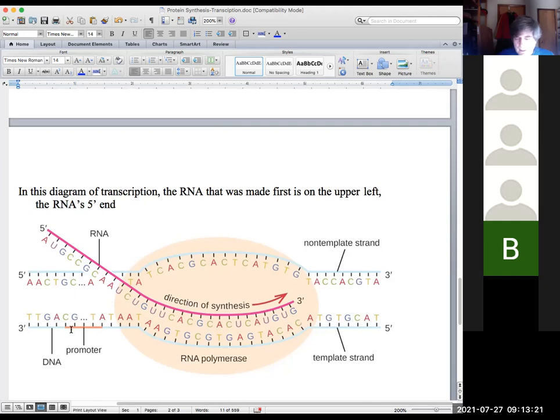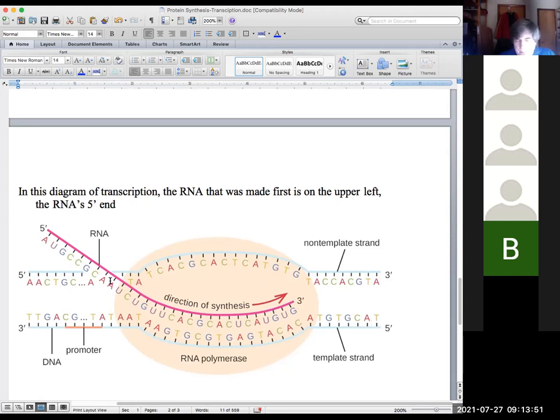So the sky blue represents our parental strands of DNA. Notice that one of the strands is called the template strand. This is the strand that has the pattern with the information that we're going to use to make a protein. So the template strand is the strand that we want to make messenger RNA from.